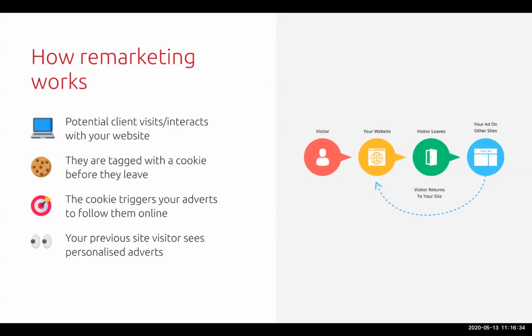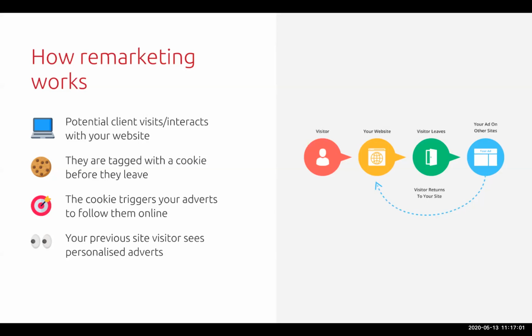So when a potential client visits your website, they're tagged with a special cookie, which is dropped in their browser. It's a small piece of data that is invisible to them, but sits in their browser file stream. This cookie is then used to remarket to those prior website visitors. That piece of code triggers the adverts on the various platforms when those users surf them.